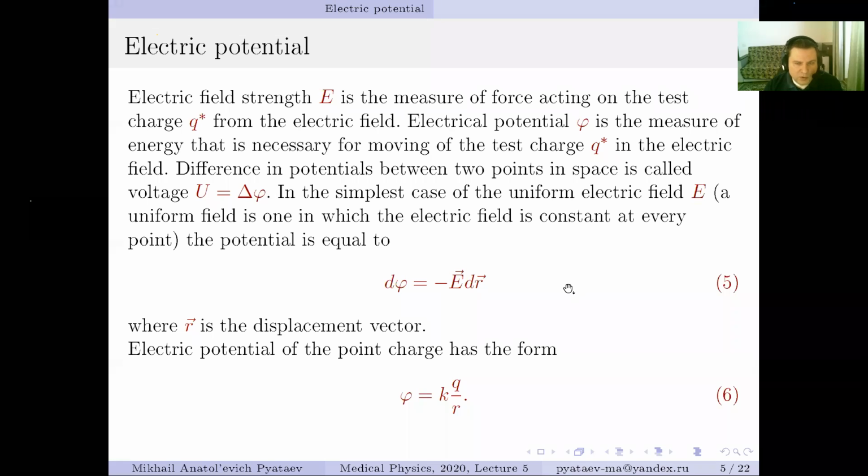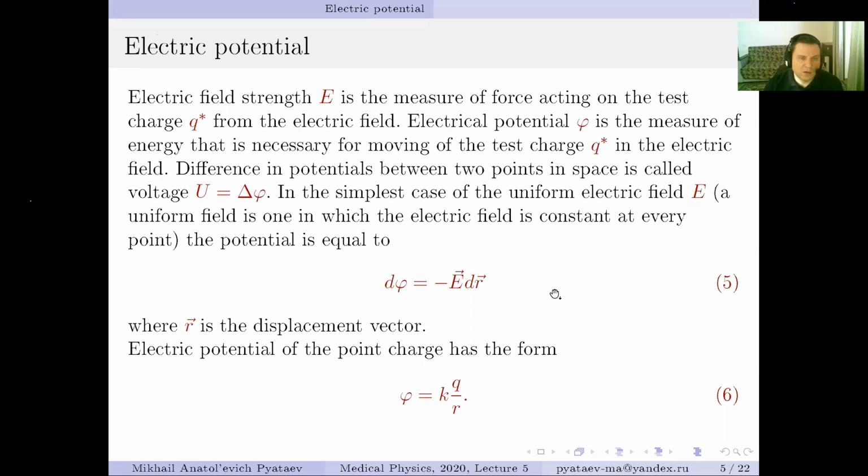But the field produced by a point particle is potential because it depends only on the distance from the particle, and it is directed along the radius vector. Those fields are called radial, and all radial fields are potential fields. The work done by the forces does not depend on the trajectory. It depends on the initial and final points.